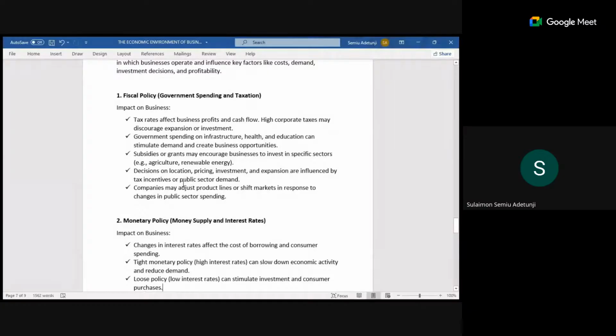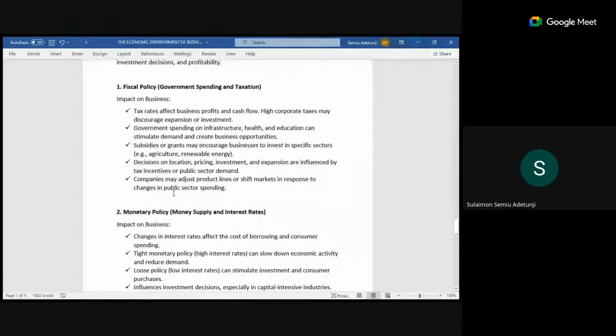So there are some decisions that you make that will give you tax incentives. Those are the areas where fiscal policy is impacting business decision.